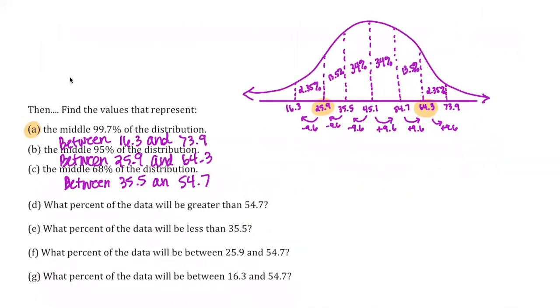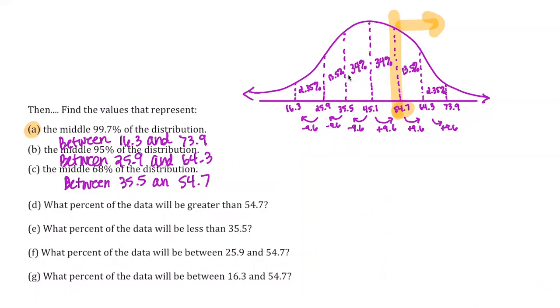Now, if we're finding the percentages, this is where these percents in the middle of the graph are going to come in, where they're going to help us. So it says, what percent of the data will be greater than 54.7? So if I find my 54.7 on my graph, that is from this part of our graph on. So what percent is greater than that?